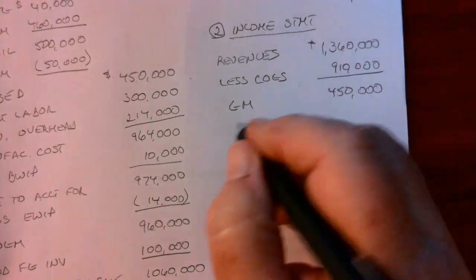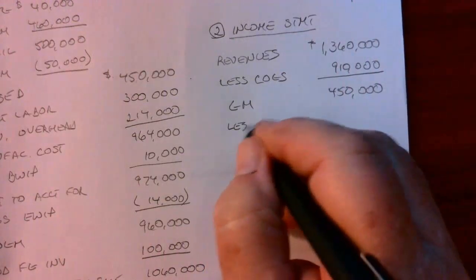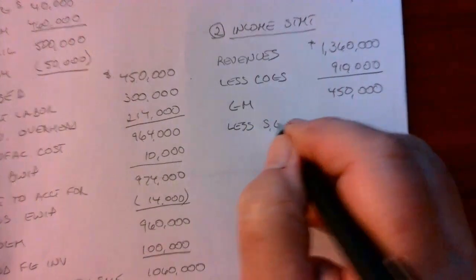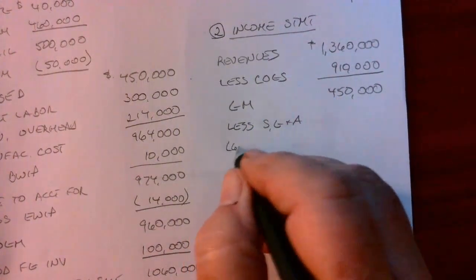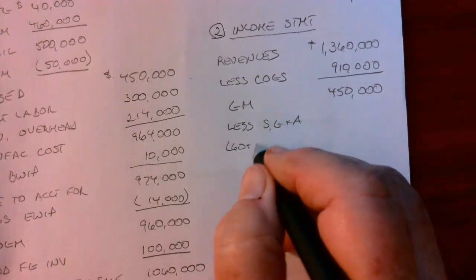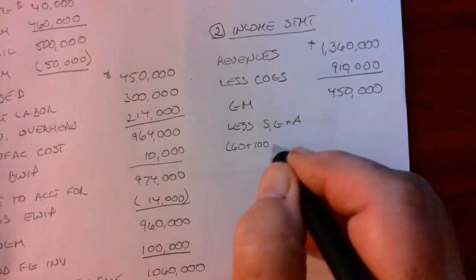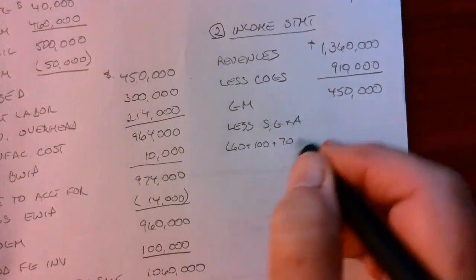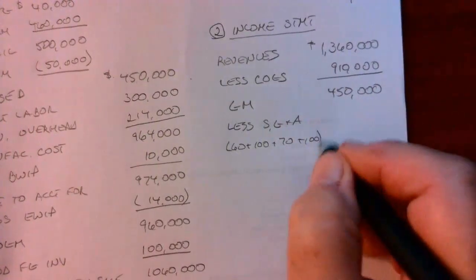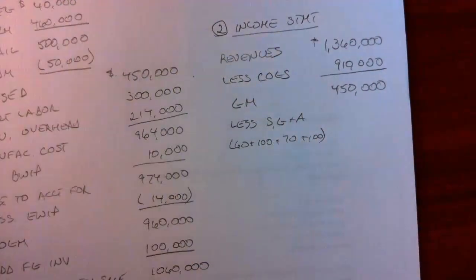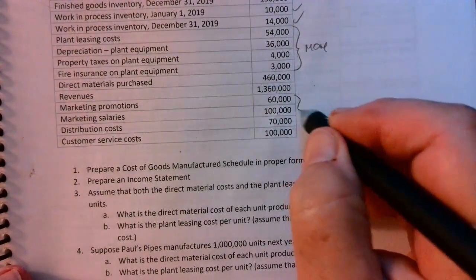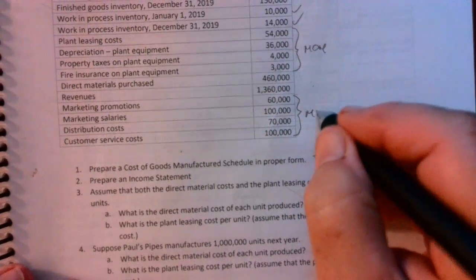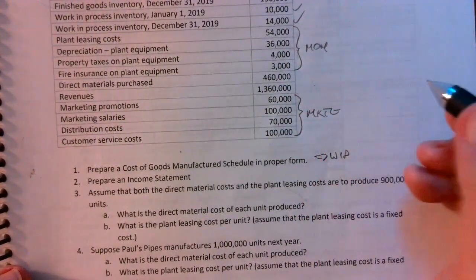And then I'm going to just say less selling, general, and administrative expense. And what that is, it's the 60,000 and 100,000. I'll show you in a minute. And 70,000 and another 100,000. And that comes from right here in the problem. These are all marketing expenses. Okay?